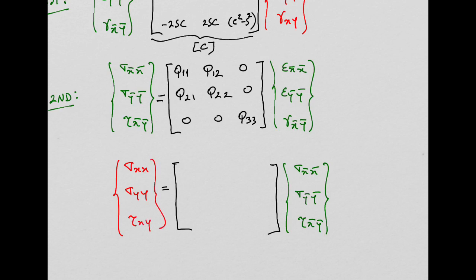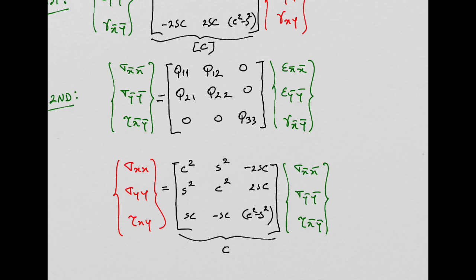This inverse matrix, which I already showed you, is C minus 1, which is the same thing as C transposed.